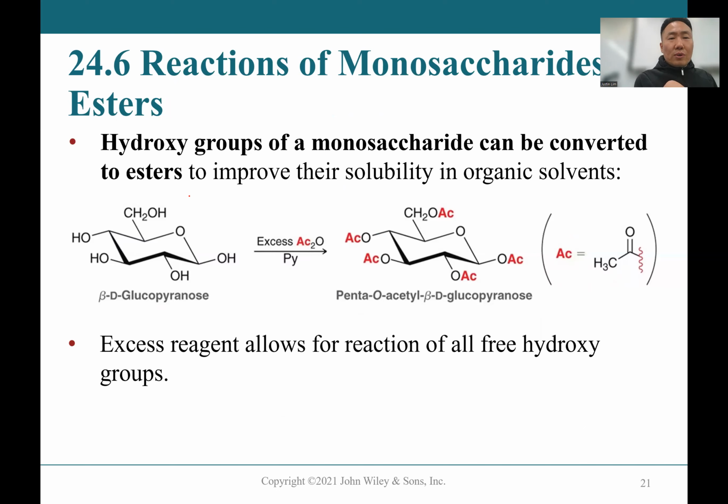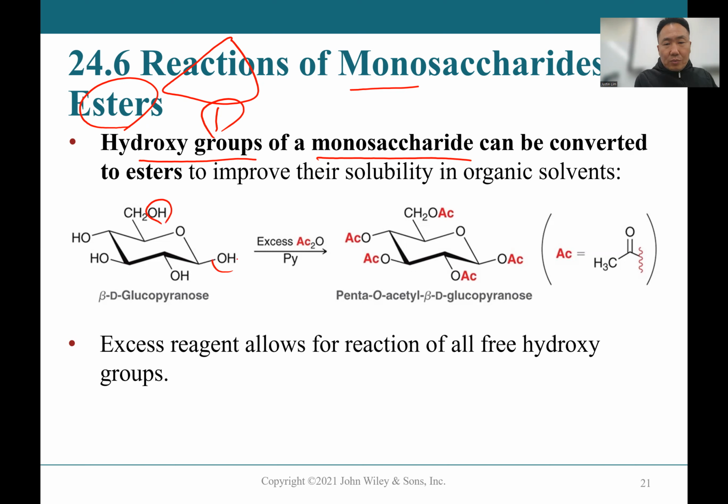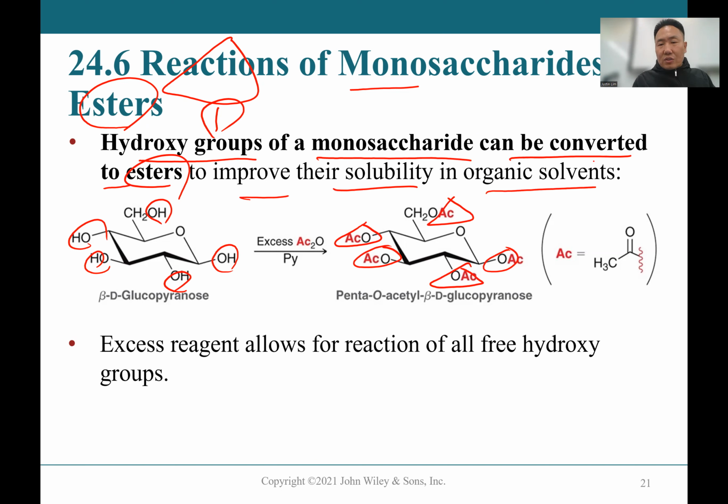Okay, let's look over reactions of monosaccharides. For example, reaction number 1, let's make an ester. The hydroxyl groups of a monosaccharide can be converted to esters to improve their solubility in organic solvent.